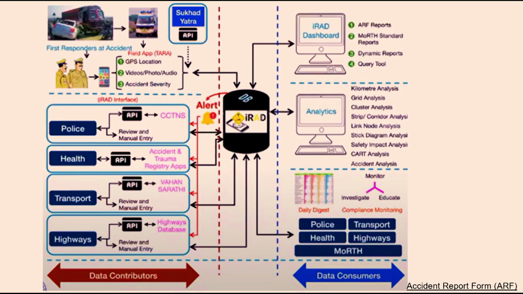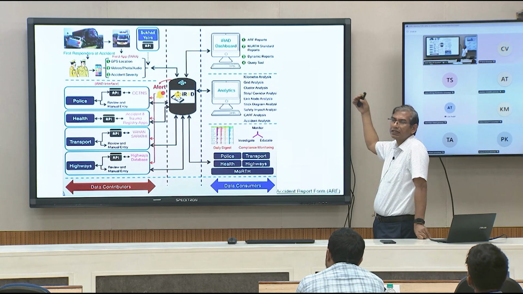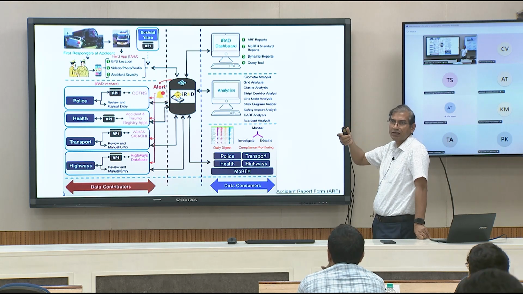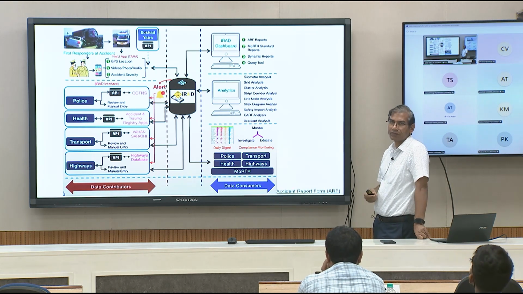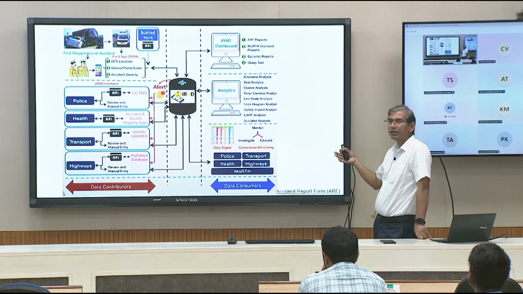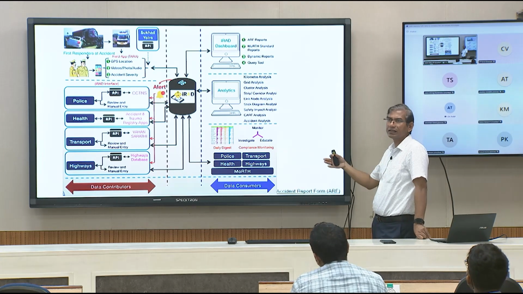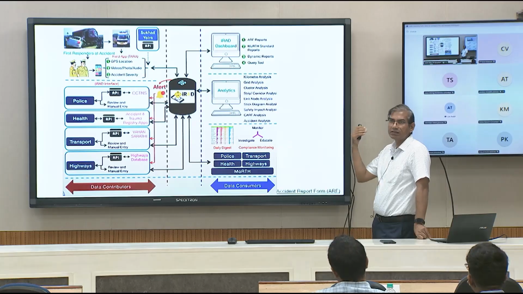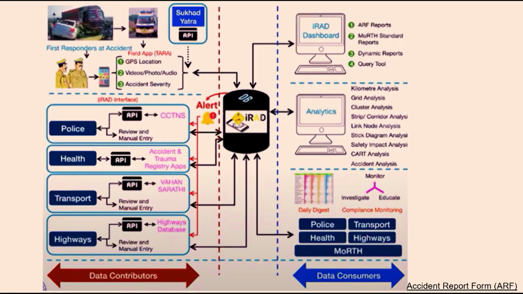You can generate an accident report, that is one. Then reports as per MORTS format. Every year MORTS issues an annual report, which has different formats, like the number of accidents time-wise, drive-violation-wise, road-wise. All those data get generated from this IRAD.